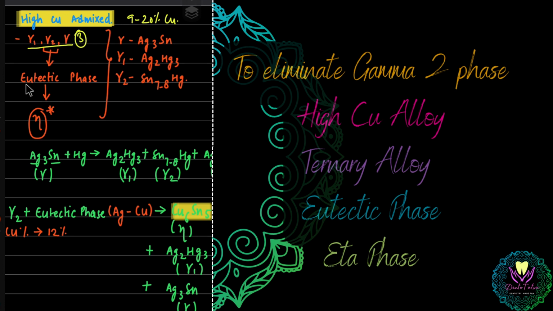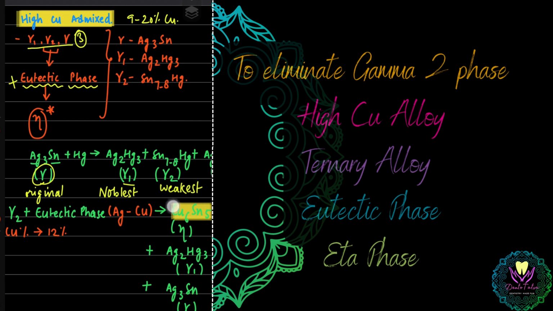So what I have done is, Ag3Sn was my original state which reacted with mercury and formed Ag2Hg3, that is my gamma 1 phase, the noblest phase. It formed gamma 2, the weakest phase, Sn7-8Hg, but because I now have a third component in my alloy, the copper content, the Sn7-8Hg that is formed in the first reaction, the gamma 2 or the weakest phase, will react with a eutectic phase, that is AgCu.